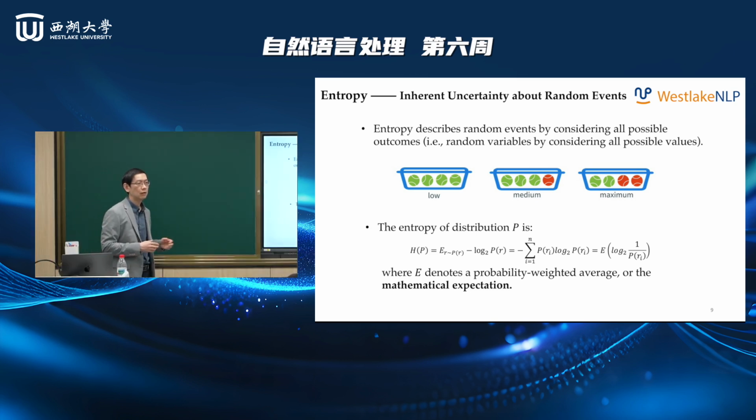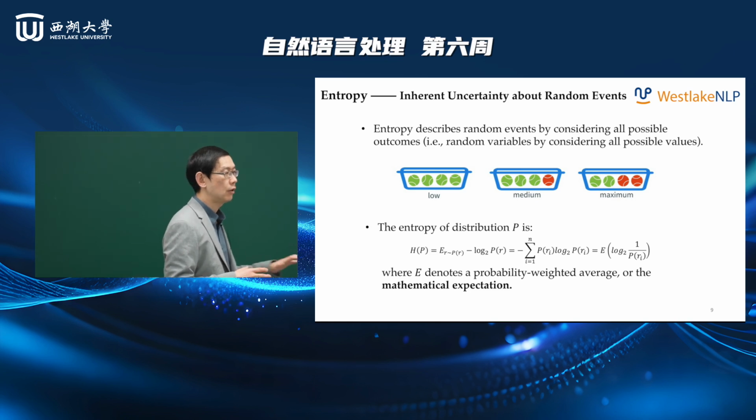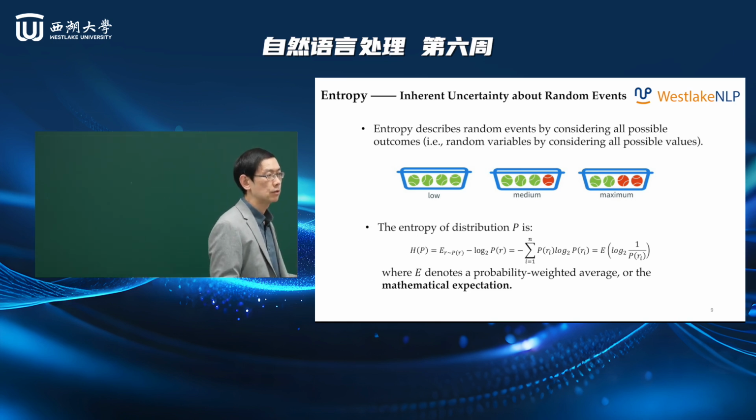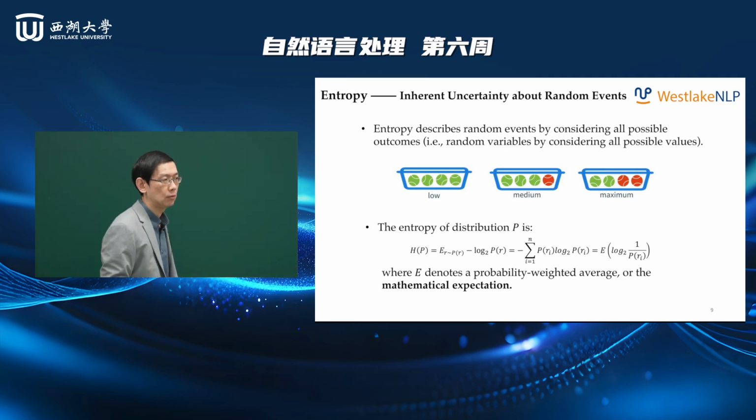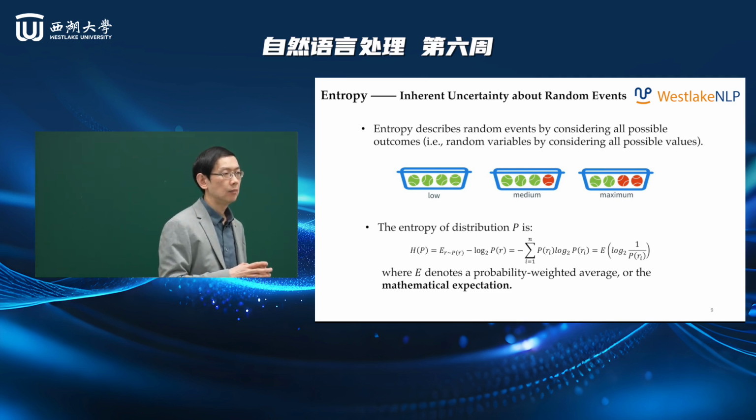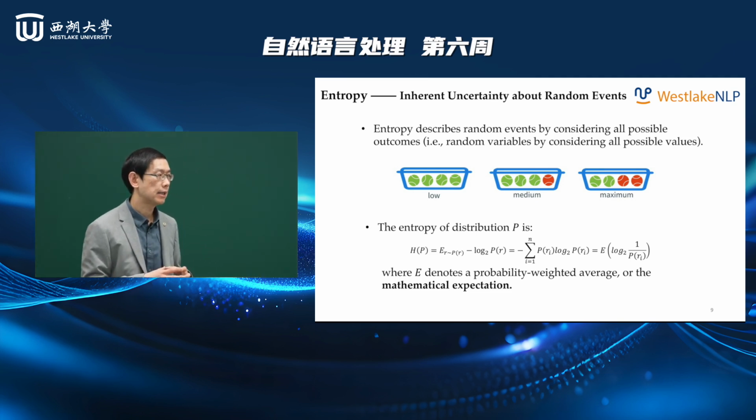Earlier, we measured information about each outcome of a random event. Our random event is drawing a ball. There are two outcomes, red or green. We can measure how many bits we need for encoding each outcome. But what if we take the event as a whole?